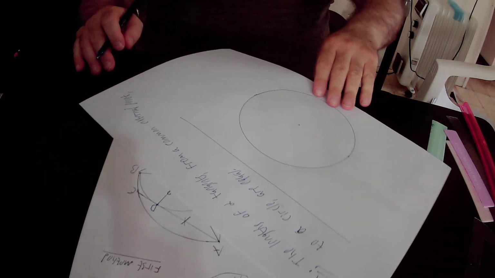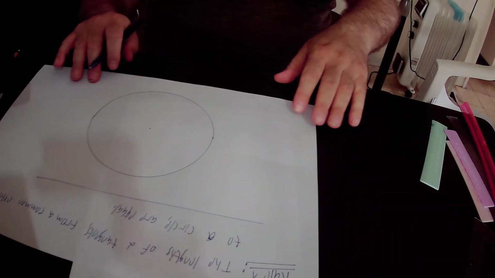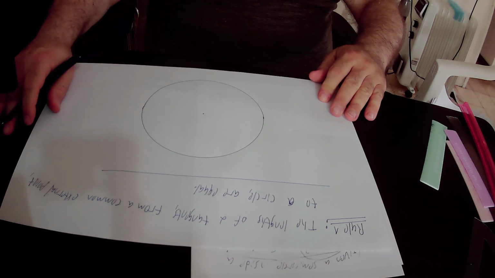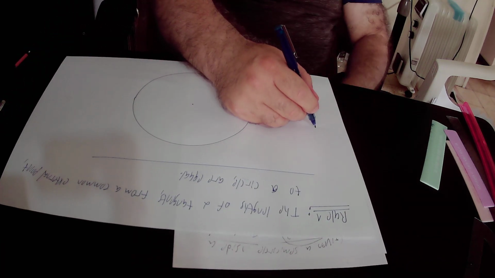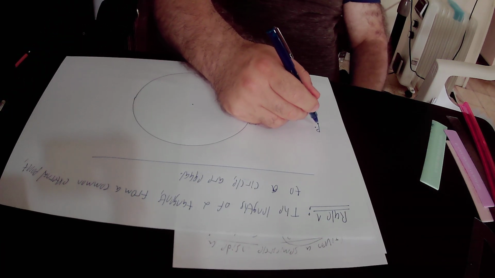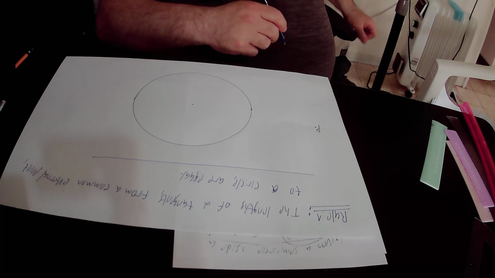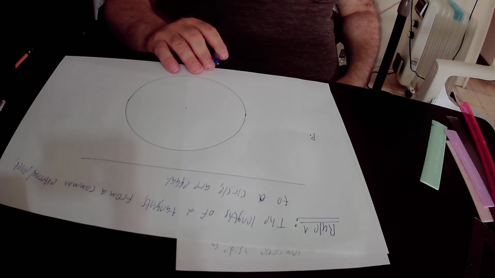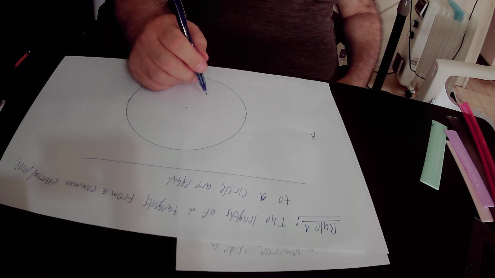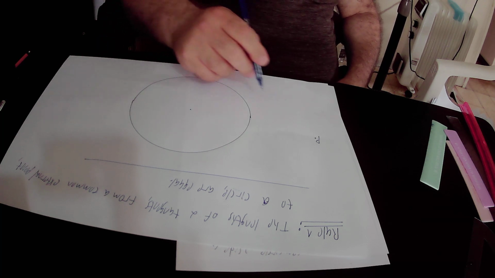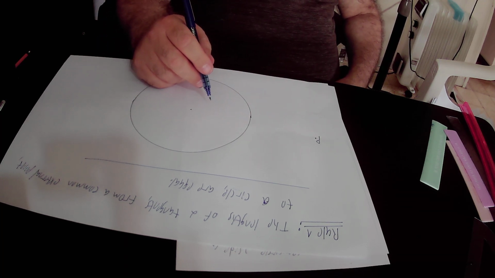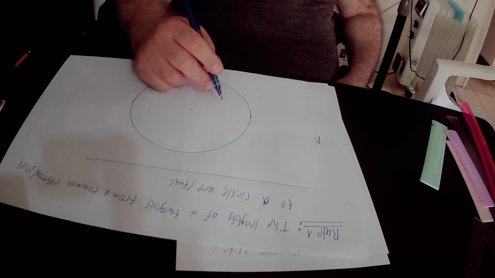The meaning of rule number 1 is that if we have this circle and we also have point P, this point P is defined as an external point of this circle. Why is point P an external point of this circle? Because point P is not located inside this circle, nor on this circle, but it is located outside of this circle. Therefore, point P is defined as an external point of this circle.